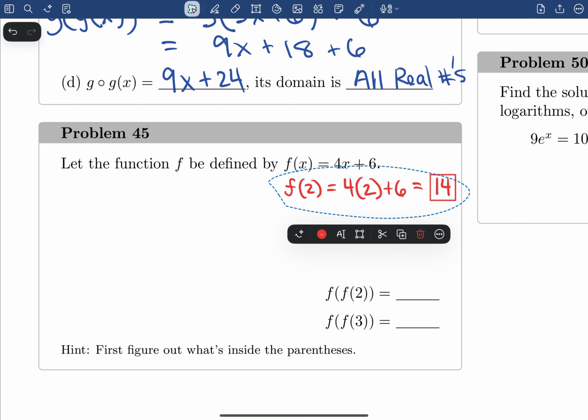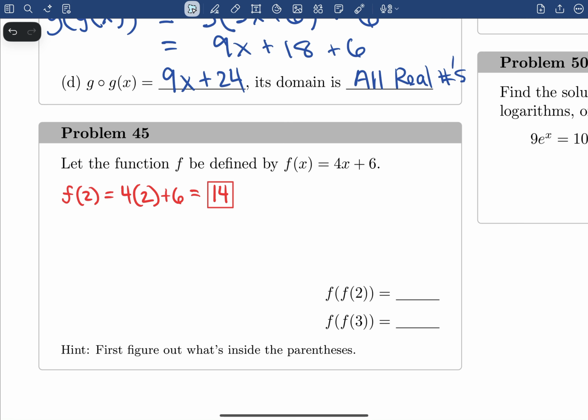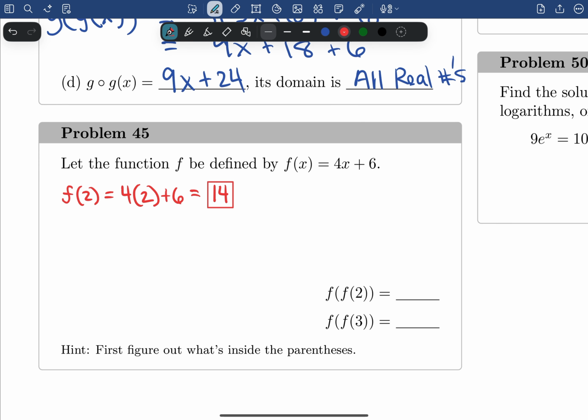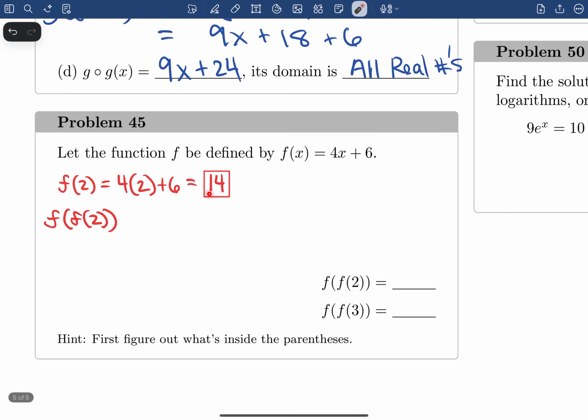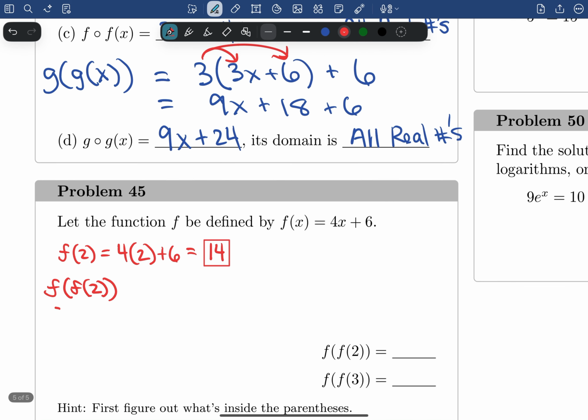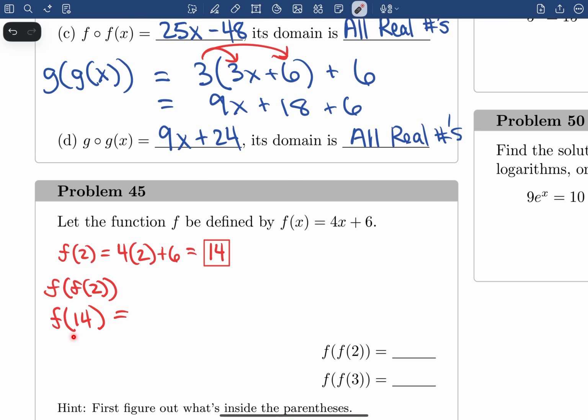Now that I know what f of 2 is, it's 14, I now want to find what f of f of 2 is. But I already know f of 2 is 14. That's what I found. Its output is 14. So I'm going to replace that f of 2 with 14. Okay, so now my objective is to find f of 14.